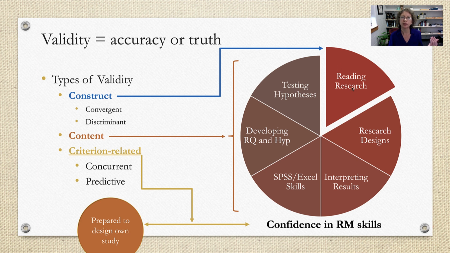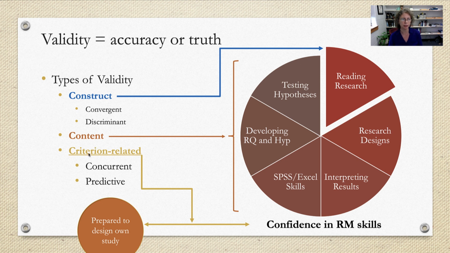I would not necessarily expect that reading research skills would be highly related or highly similar to algebra skills. So I could give participants an algebra skills and a reading research skills assessment, and I would expect those two scores to not be highly related. And that's part of construct validity.